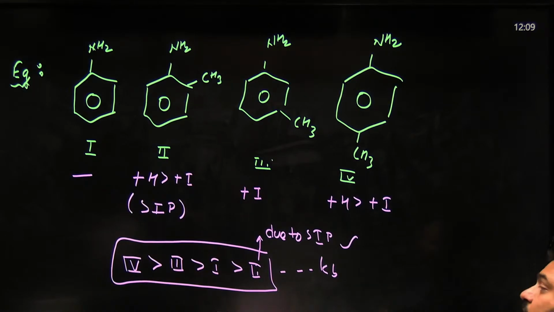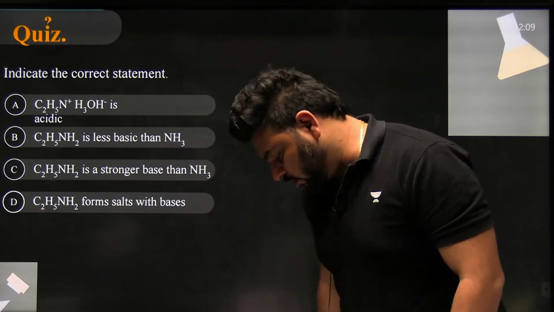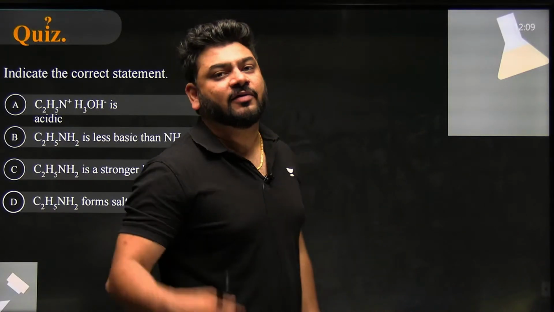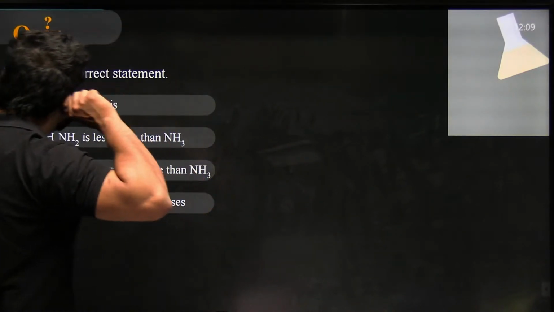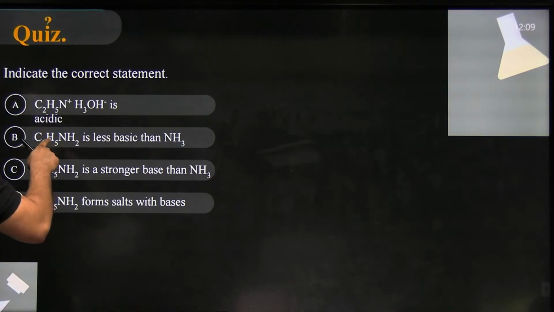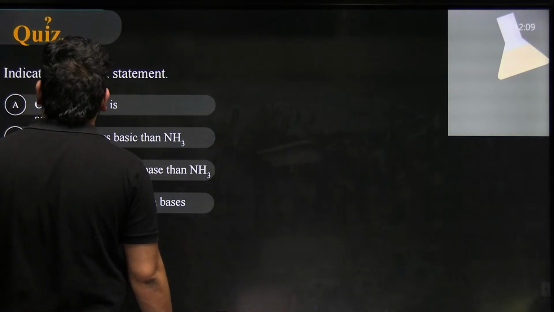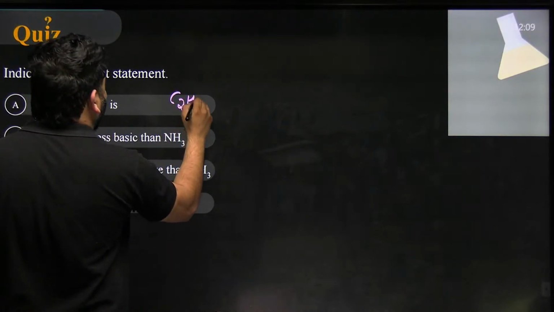Fine guys, moving forward, we have some questions to be solved on basic strength, and then we'll come to the other chemical properties as well. We have: indicate the correct statement. This is acidic, it's written down, it's acidic. Let me see, this is your C2H5.